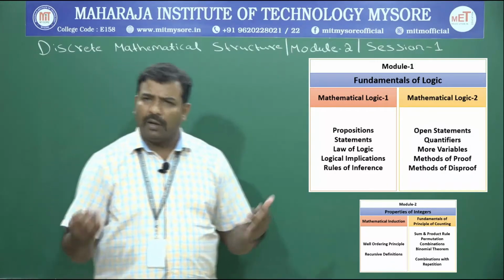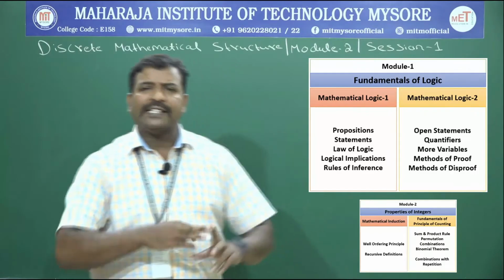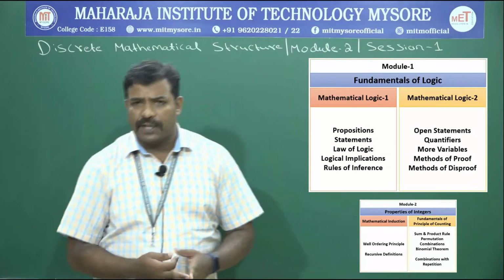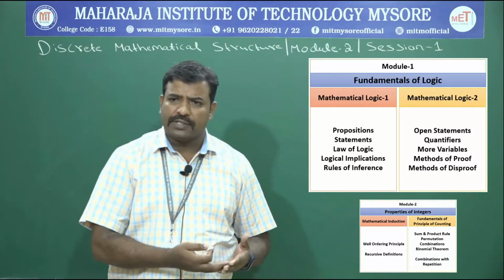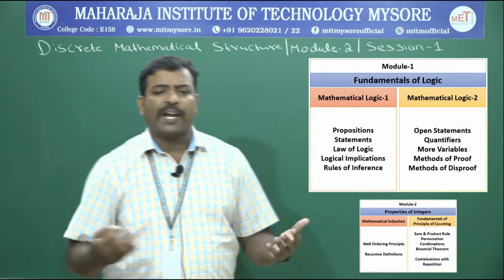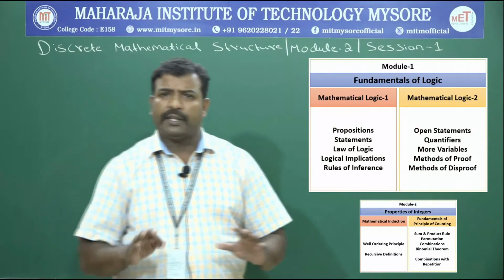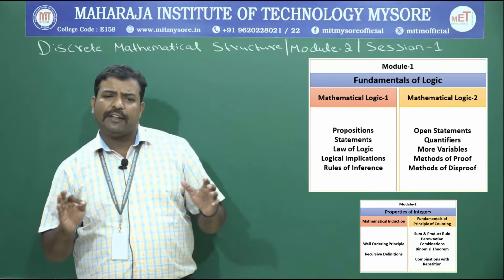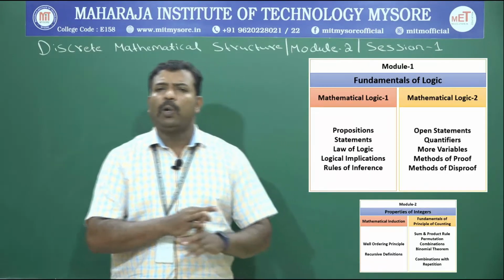And in mathematical logic 2, we came across open statements, quantifiers, statements with more variables, methods of proof and methods of disproof. So this is what exactly we went through in Module 1.